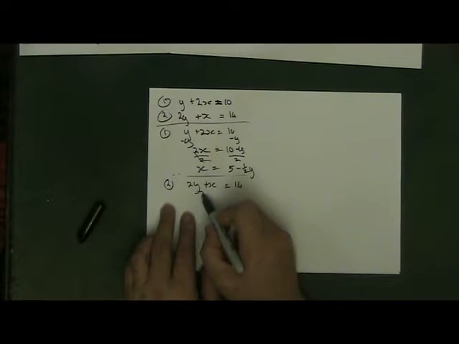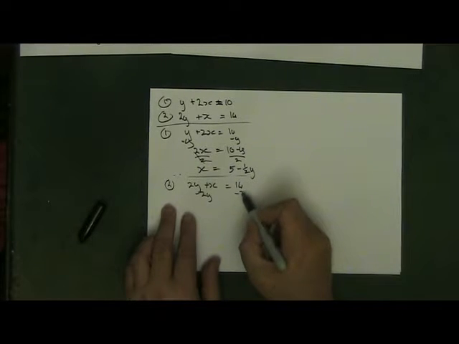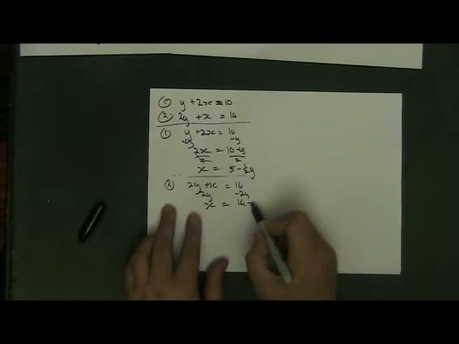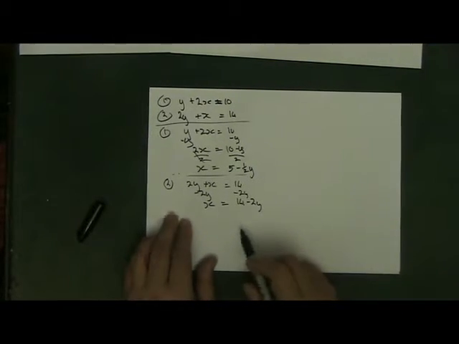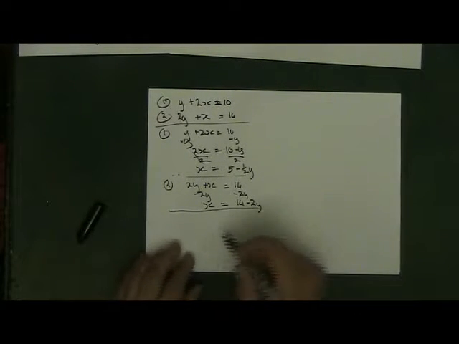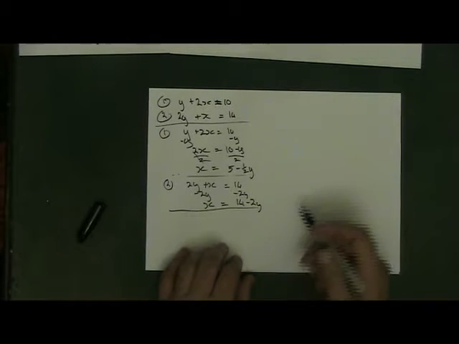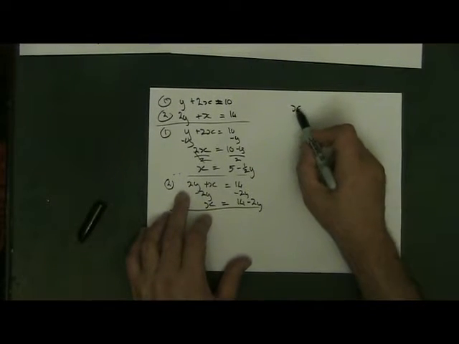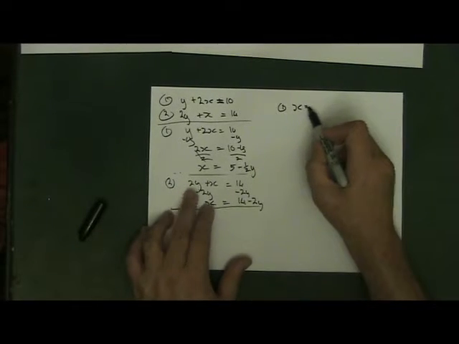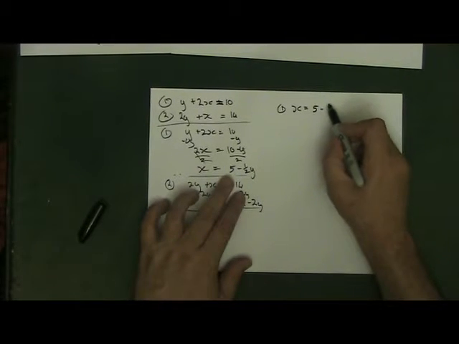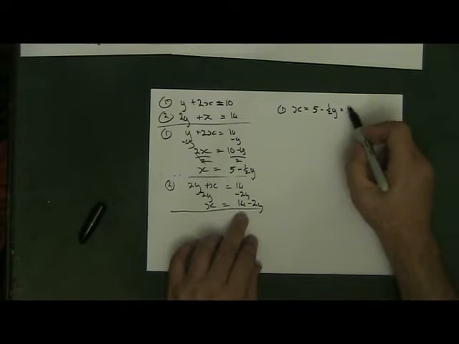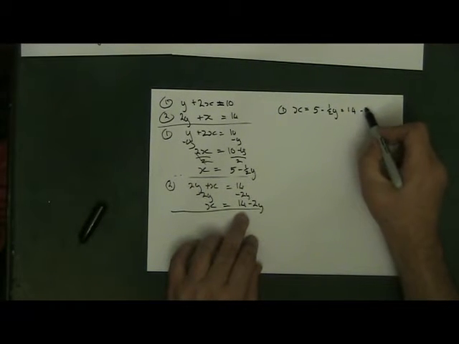So I get minus 2y from each side. So x is equal to 14 minus 2y. So now I have two equations. x is equal to 5 minus half y, which is also equal to 14 minus 2y.